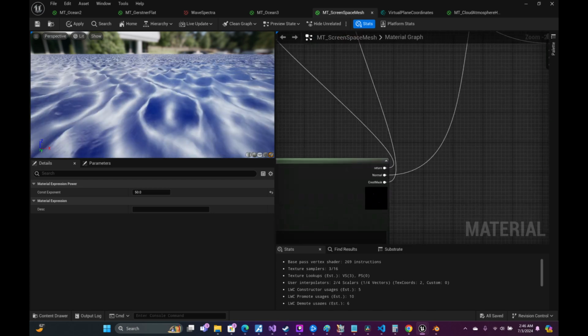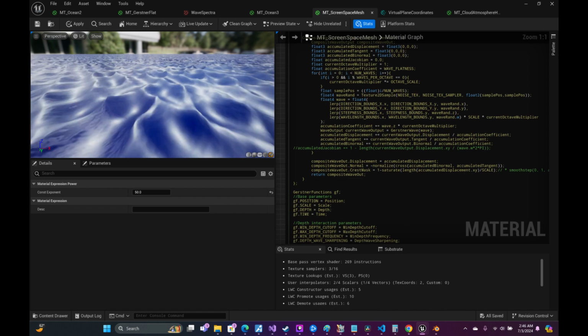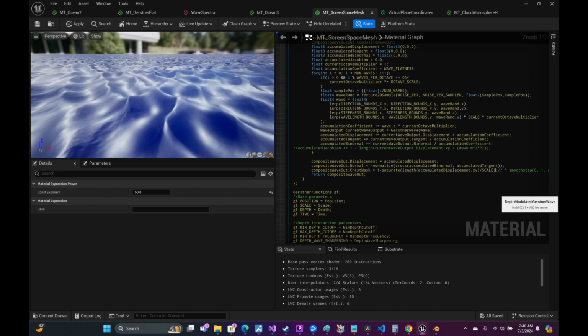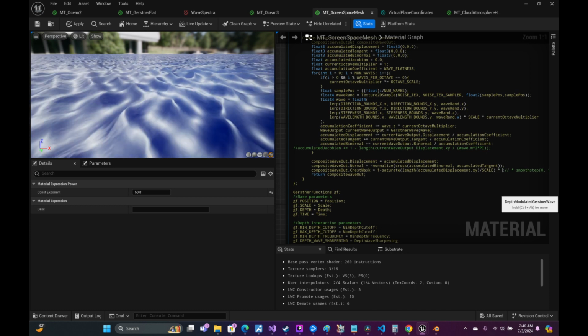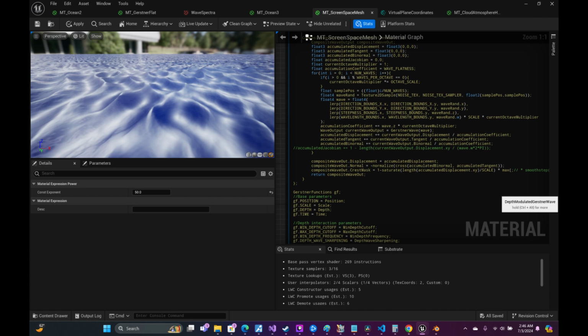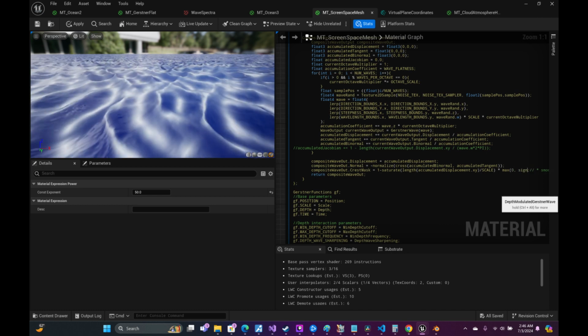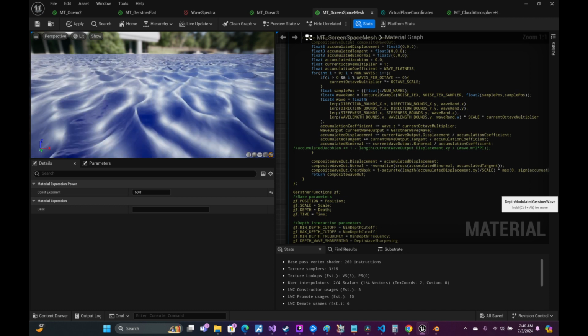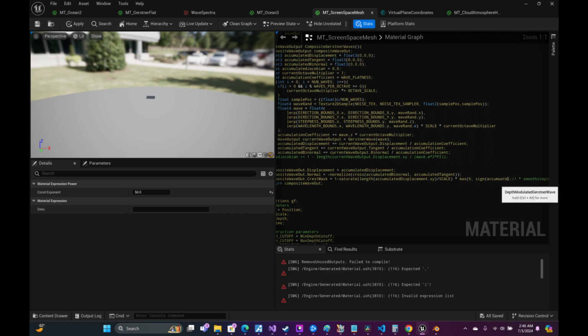All right, and then we also want to do the last thing that we can do here, times max of 0 and the sine of accumulated displacement dot z.